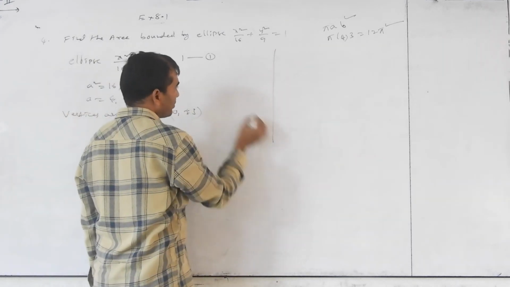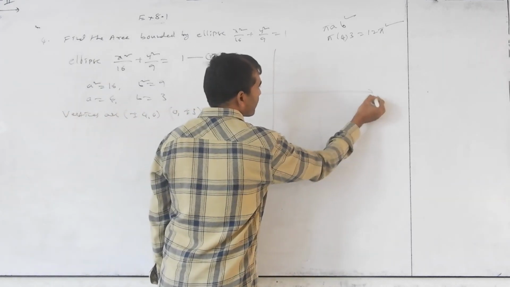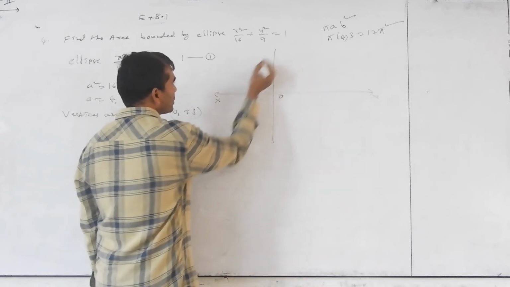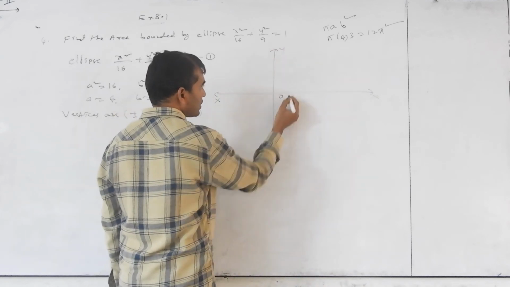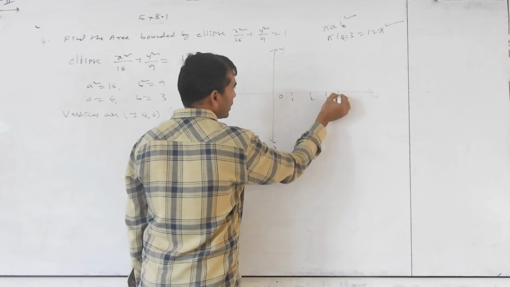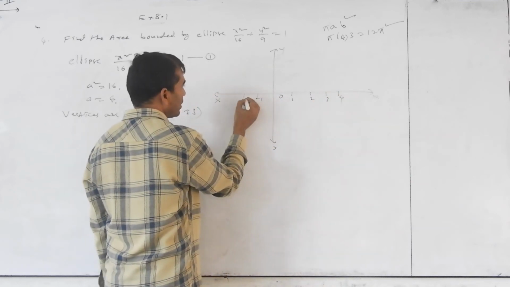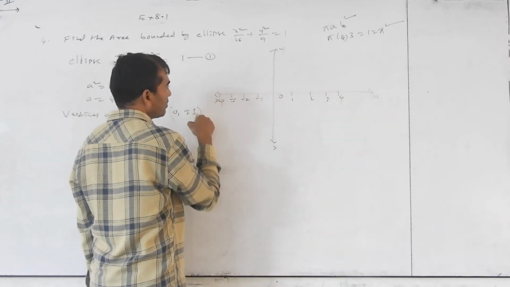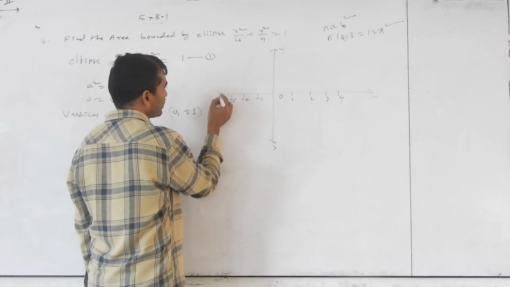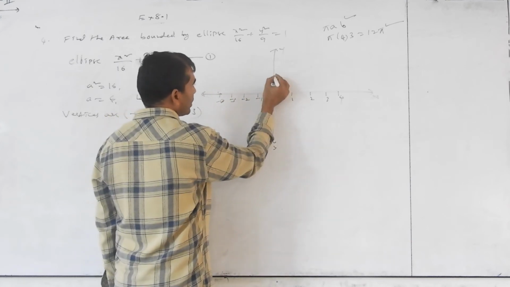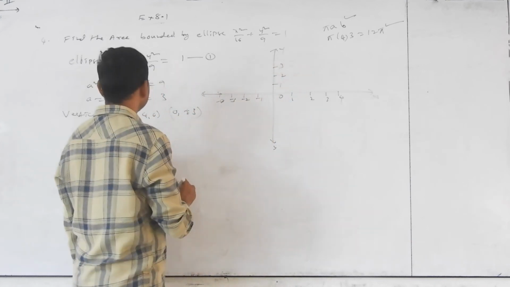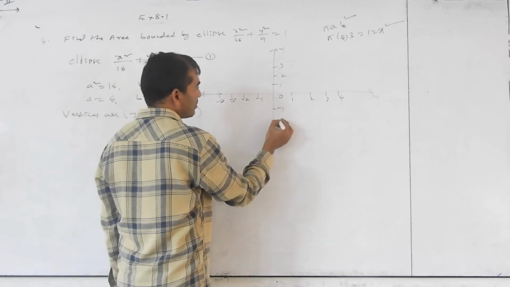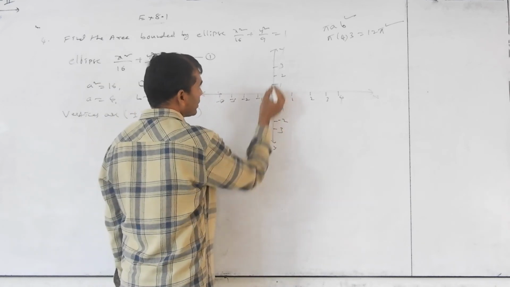Let's draw the diagram. X'OX, Y'OY. 1, 2, 3, 4, minus 1, minus 2, minus 3, minus 4, and 1, 2, 3, minus 1, minus 2, minus 3.